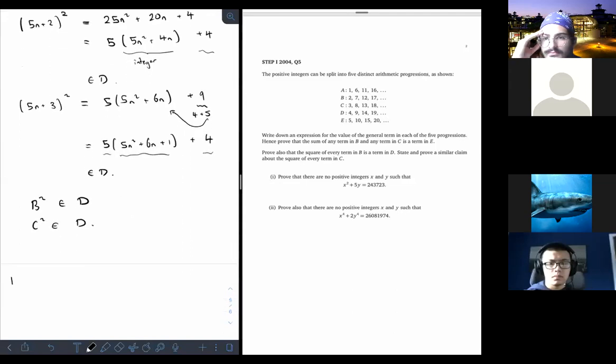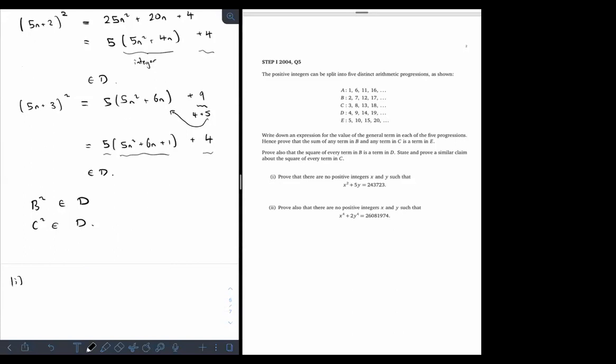Okay, so now the more daunting part is to show that there do not exist any positive integers x and y such that x squared plus 5y is equal to 243,723. Your first thought should be that the big number is probably an arbitrary number, and so you don't need to worry about its exact form.